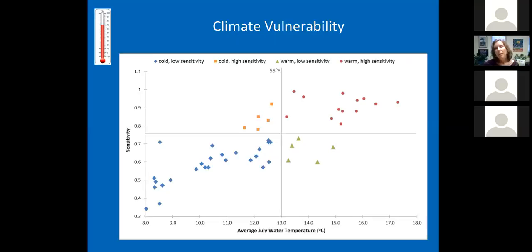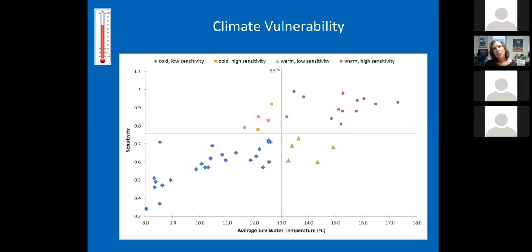But there are also streams, like the ones in red, that are warm already. So these are streams that are already showing some temperatures that are stressful for salmon. And they also are very sensitive to change. So when we have a warm summer, they warm up very quickly.